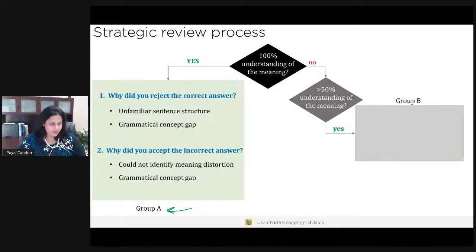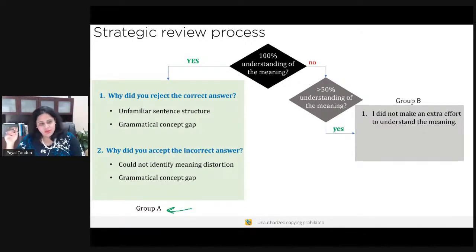Now, what do I mean by Group B? By Group B, what I mean is that you read the individual parts, but you weren't able to go a step further to infer certain stuff. For example, point number 1 in our meaning analysis required you to draw an inference that Neanderthals don't exist in the present, right? So you didn't really go that far.